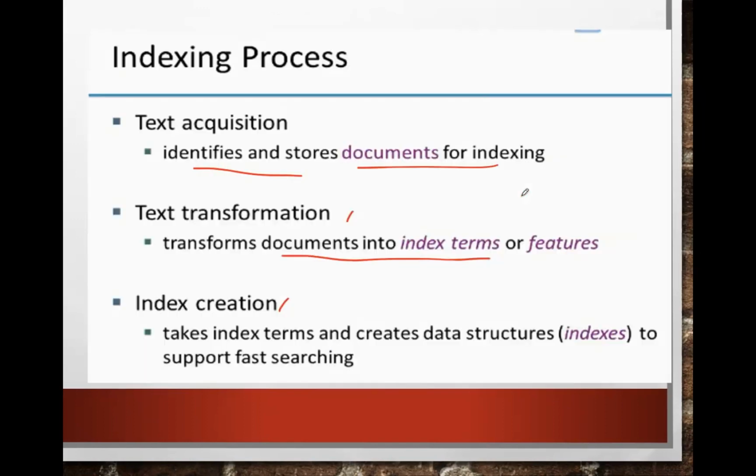Here, the index terms obtained during the text transformation phase are taken by the index creation step to create indexes. Why do we need to create indexes? These indexes help in quick retrieval of documents, so they support fast searching.